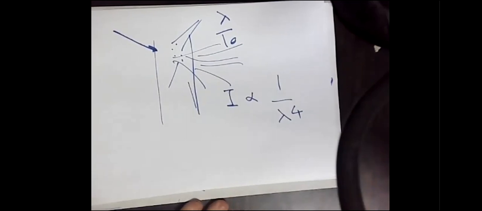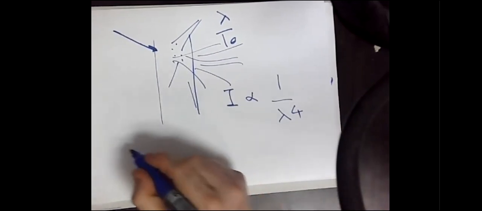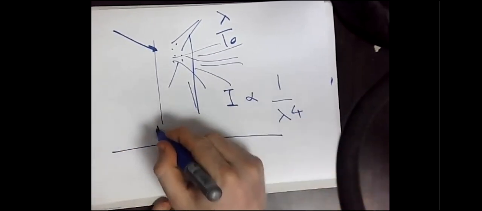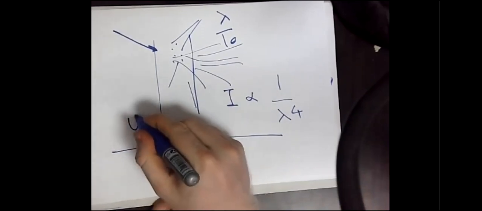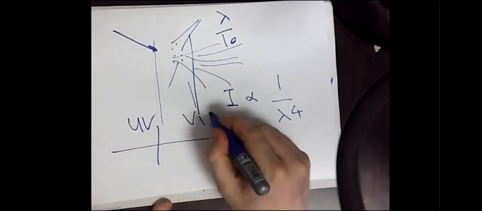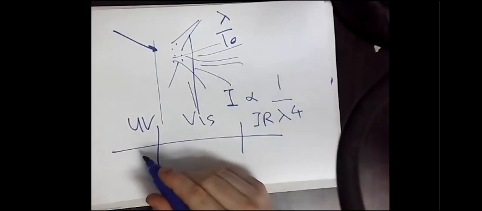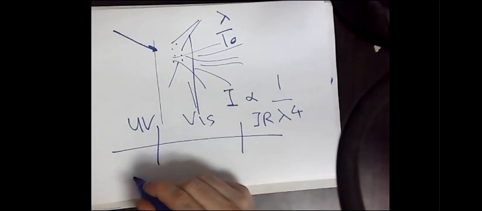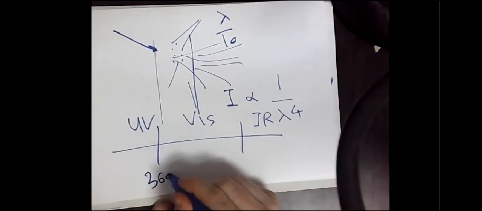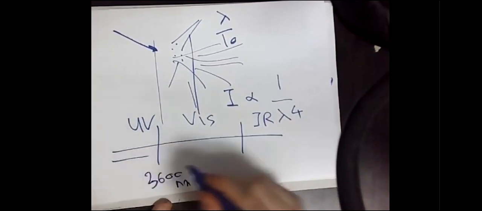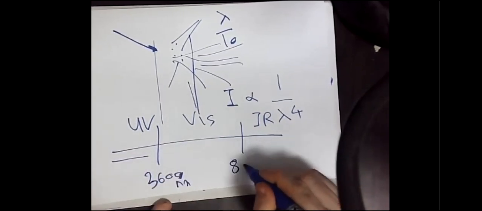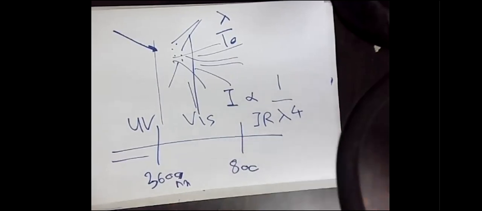If we reflect this onto the spectrum, we have the ultraviolet spectrum, the visible spectrum, and the infrared spectrum. The ultraviolet is the smallest, less than 360 nanometers, the visible is between 360 and 800, and the infrared is larger than 800.